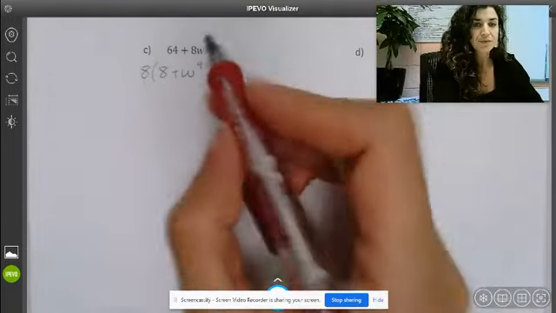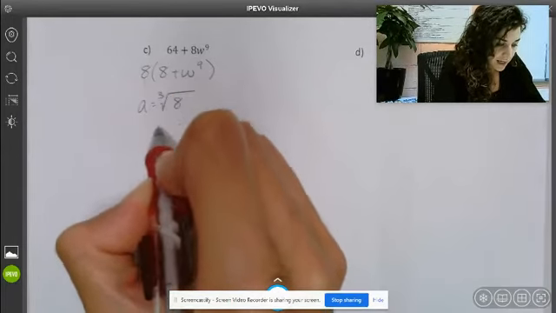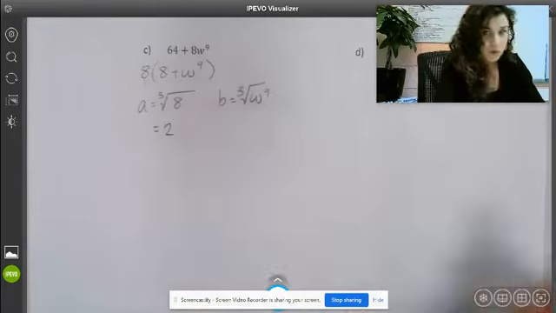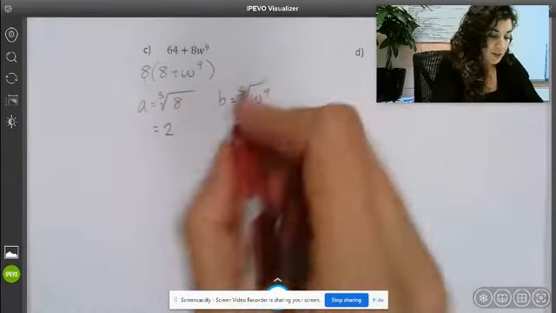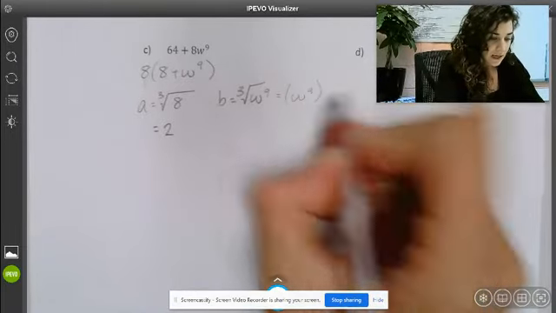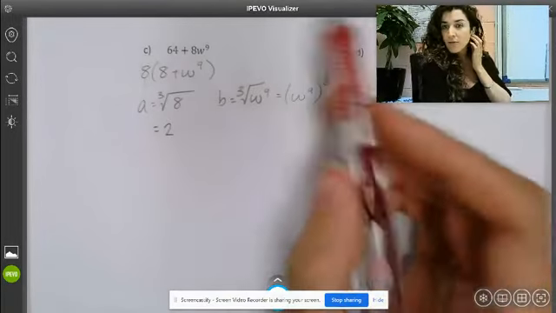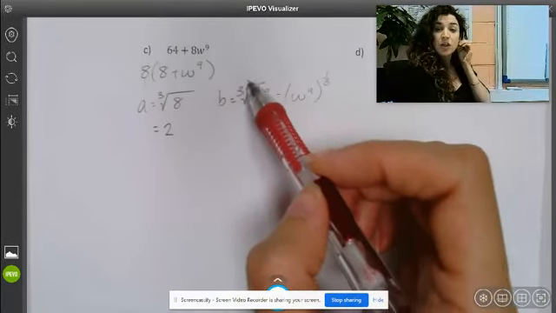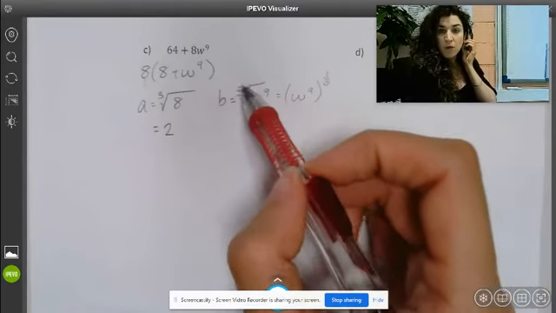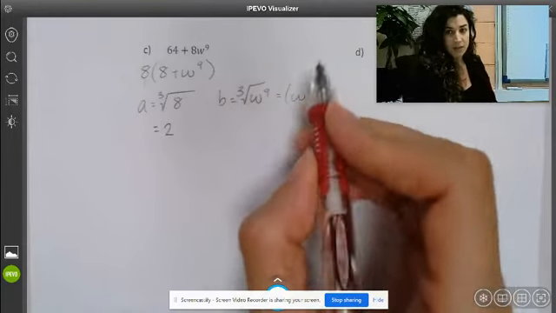It cannot go away. Now, A is going to be the cubed root of 8, which is 2, and B is going to be the cubed root of w to the 9th power. The cubed root of w to the 9th power, you can think of as w to the 9th power to the 1/3 power. Turning a radical into exponent form just means it's 1 over that index, or you can think of it as dividing these two numbers.